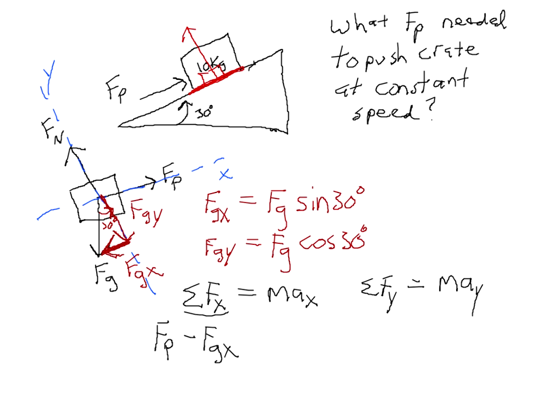Those are the only forces in the x direction. Now that is equal to m, the mass of the crate, times the acceleration of the crate in the x direction. But remember the problem statement. I want to go at constant speed, which means the acceleration is 0.